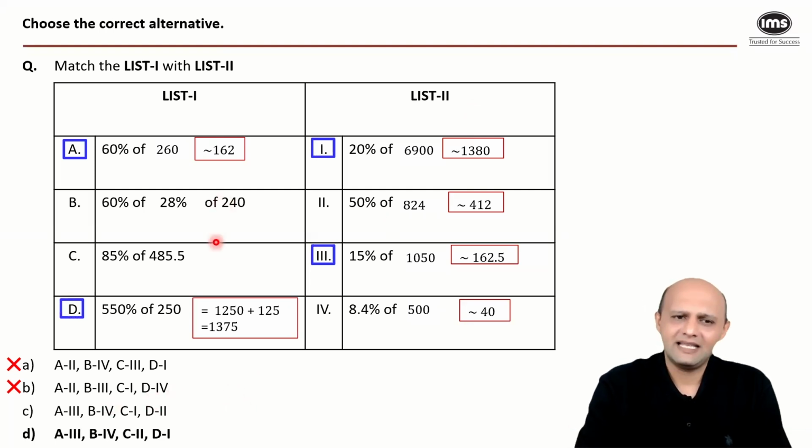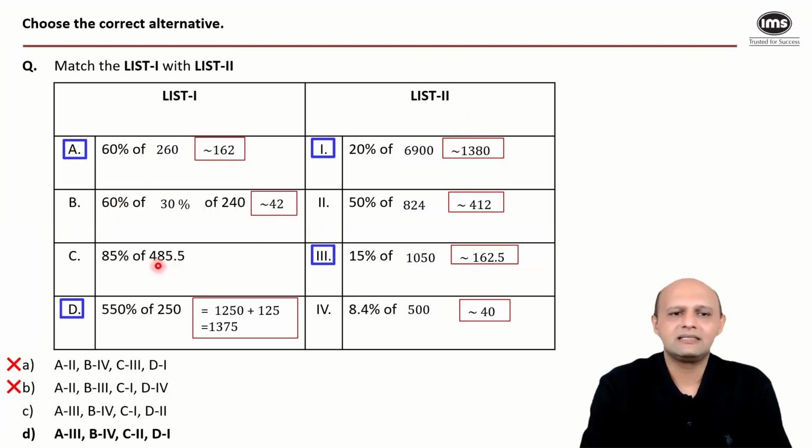Now let us just calculate this for our own understanding to ensure that they're mapping with the correct elements in the second column. If you assume this to be 30%, effectively, how much is this? 240. 30% is 72, and 60% of 72 is roughly 42. So this is going to be 42.